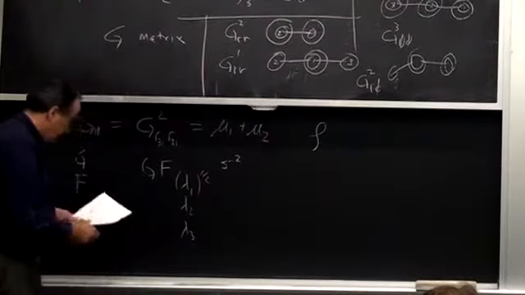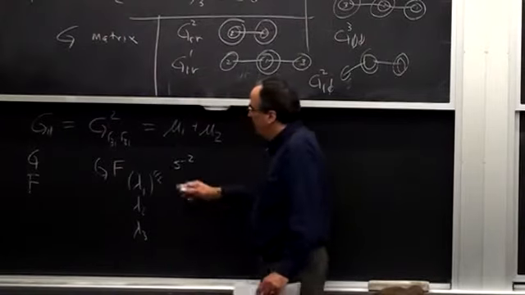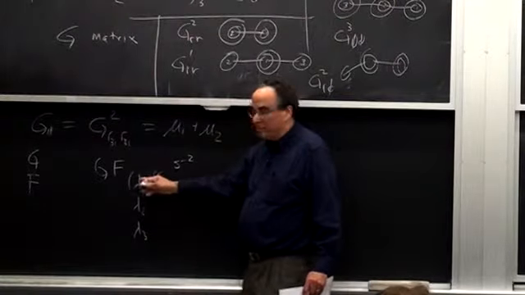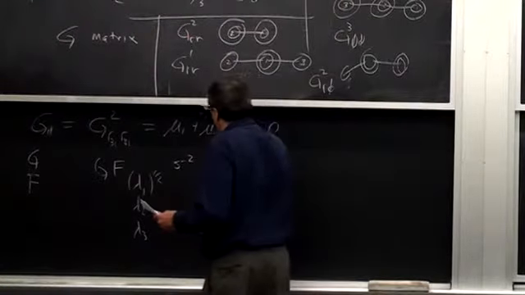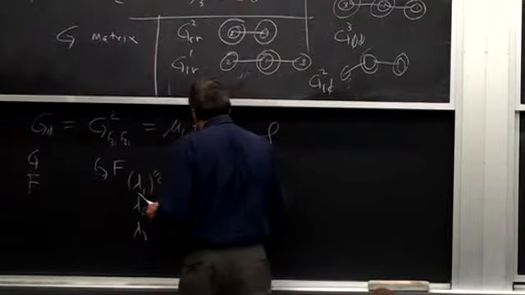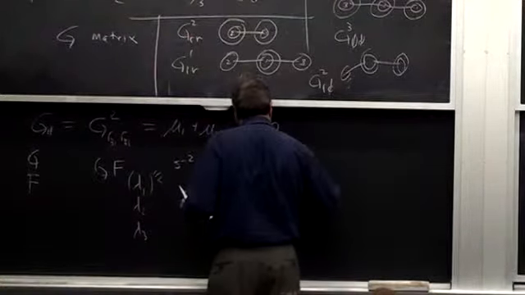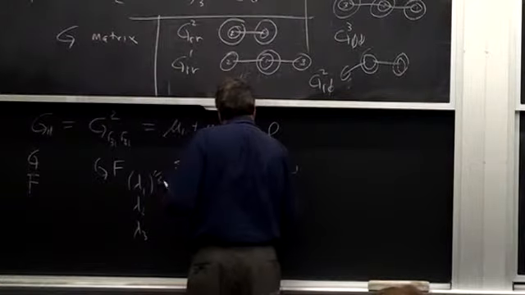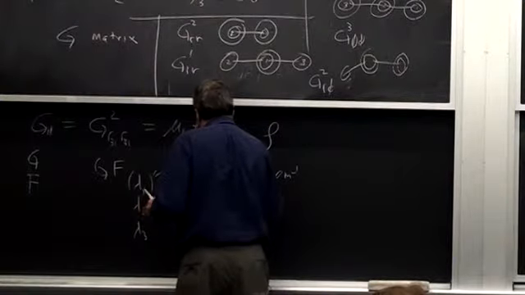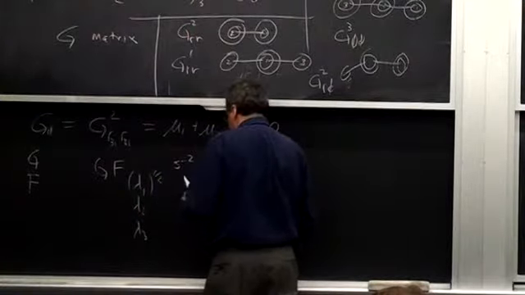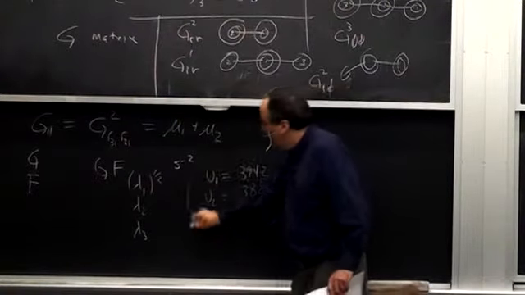So we get 3 eigenvalues and the 3 eigenvectors that correspond to these eigenvalues. And they have the frequencies 3942 reciprocal centimeters, 3832, and 1648. Okay, so that's what comes out.